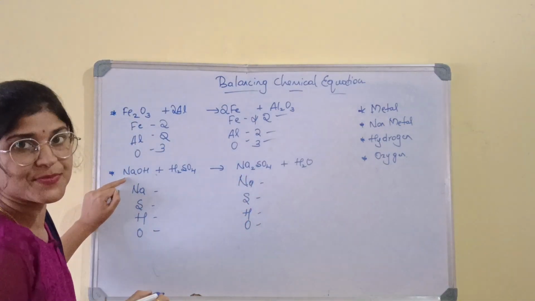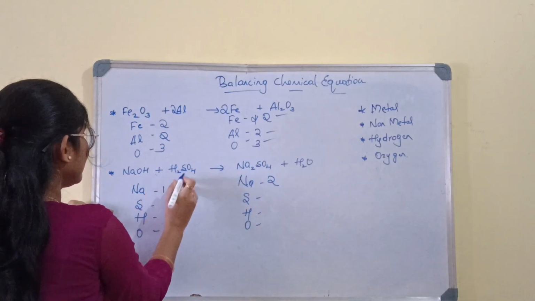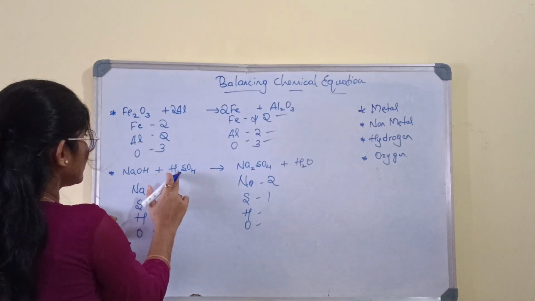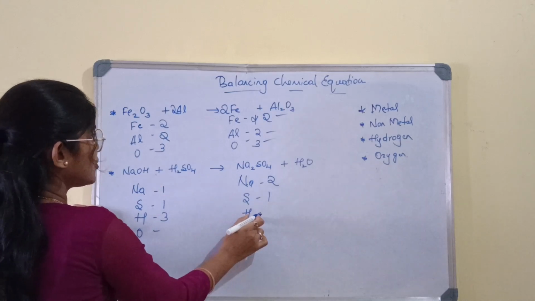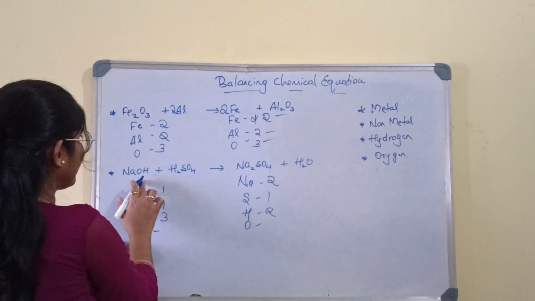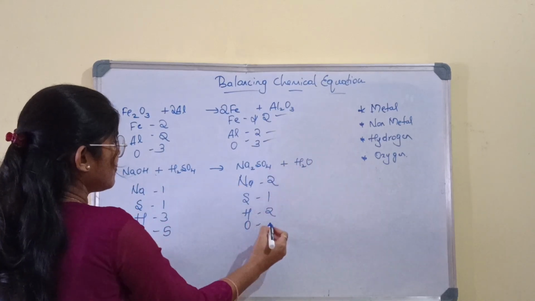The number of sodium atoms in the reactant side is 1, sulfur 1, hydrogen 3, oxygen 1 plus 4, 5. On the product side, sodium 2, sulfur 1, hydrogen 2, oxygen 4 plus 1, 5.